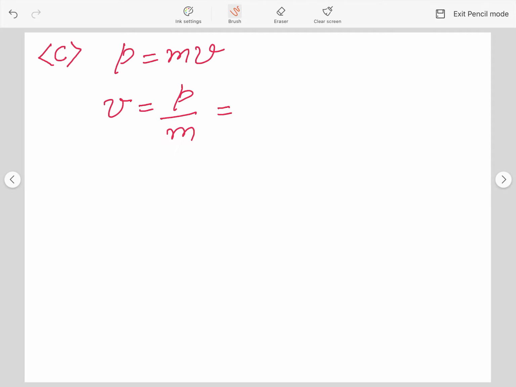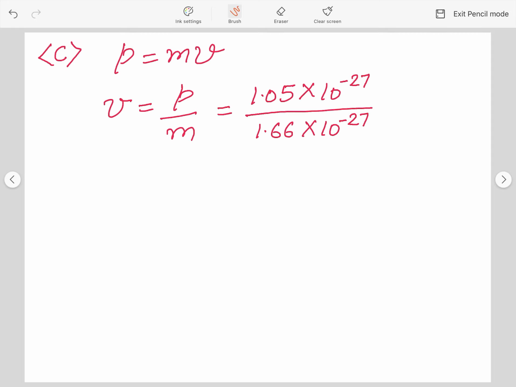Momentum of photon, that is 1.05 into 10 raised to power minus 27 divided by mass, and it is 1.66 into 10 raised to power minus 27.